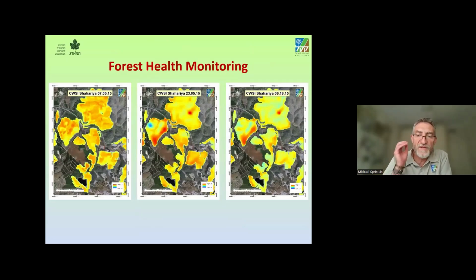We are at the very beginning here and have started with two steps. The first one was to calculate a canopy stress index, or water stress index as we call it, for each Landsat scene, 30-meter spatial resolution, and follow the index dynamics over a certain stand or the entire forest for a period of time.